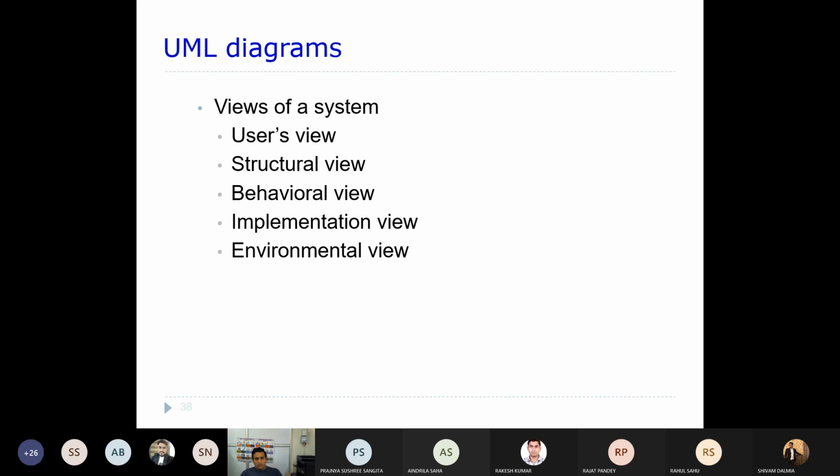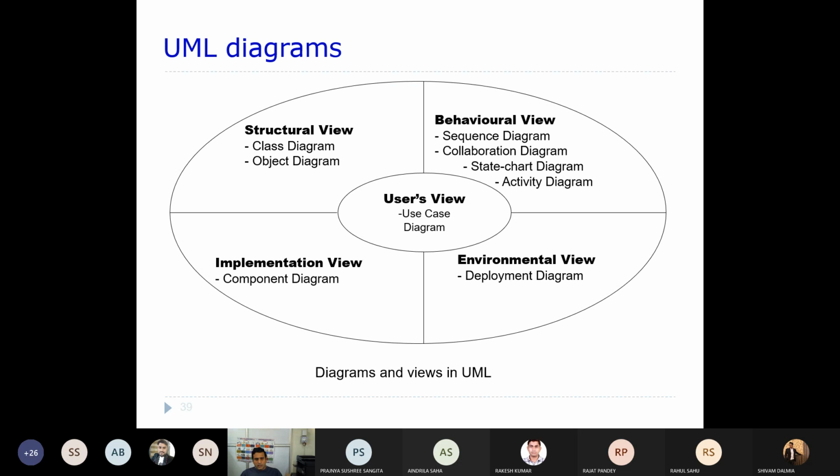The structural view can be represented by a class diagram or an object diagram.